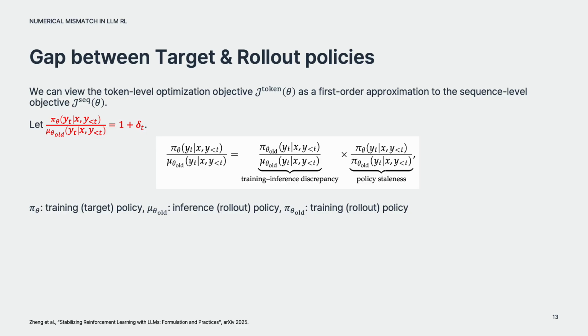The first ratio compares probabilities computed under the same rollout policy but using different computational engines. This term captures the training-inference discrepancy. The second ratio compares two different policies evaluated under the same training engine and therefore reflects policy staleness due to delayed parameter updates.